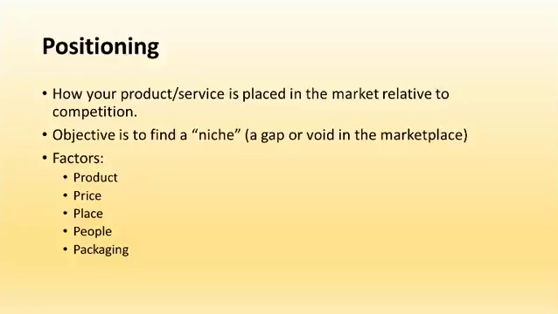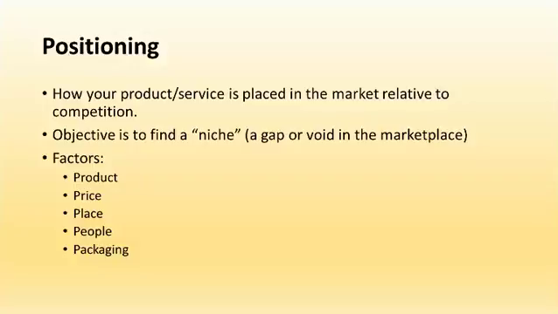So what we'll do is go through a couple of examples to give you a better idea of what we mean by positioning in the marketplace, and what we also mean by positioning yourself in a niche or a void or a gap in the marketplace.